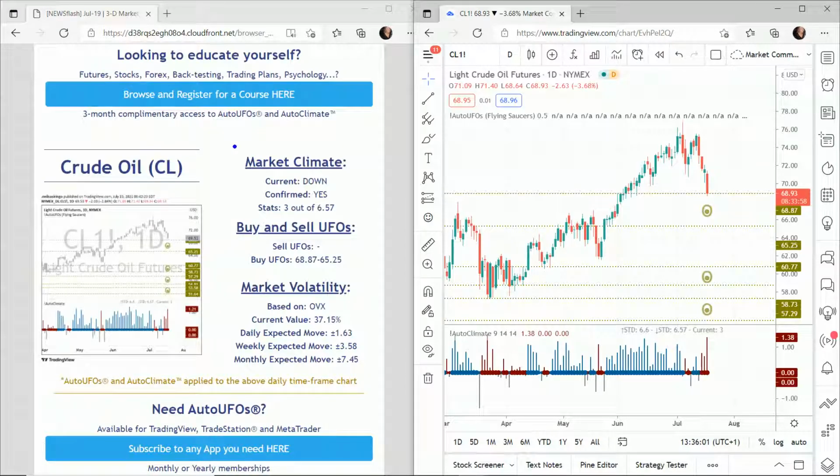So oil, we have a confirmed downwards climate, thick red dot here, probability down, for four candles, and we're on candle number 3. However, we've just hit a stack of buy orders. These buy orders are 68.87 to 65.25.